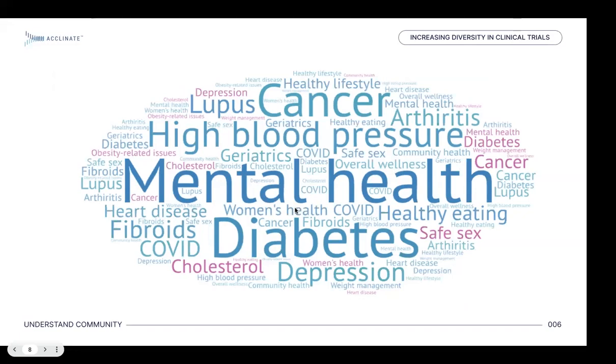And because we were able to go in, just understand the community, listen to them, really have a seat at the table with them, now we're able to build culturally sensitive, sustained engagement around the topics that impact the community the most. And that's important when we talk about increasing diversity in clinical trials.